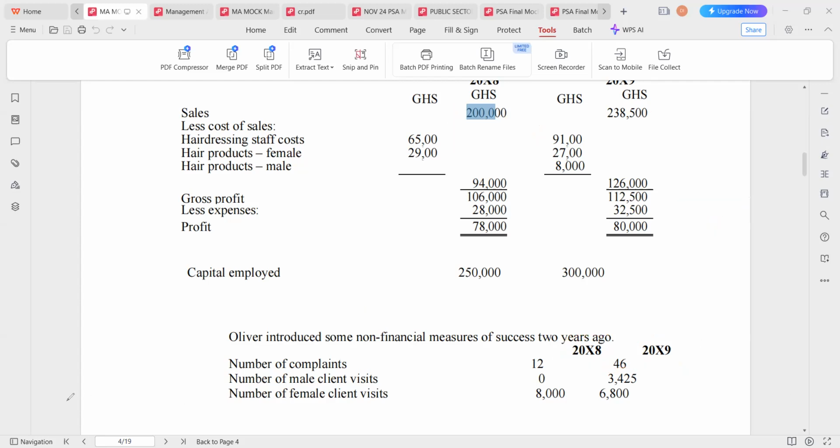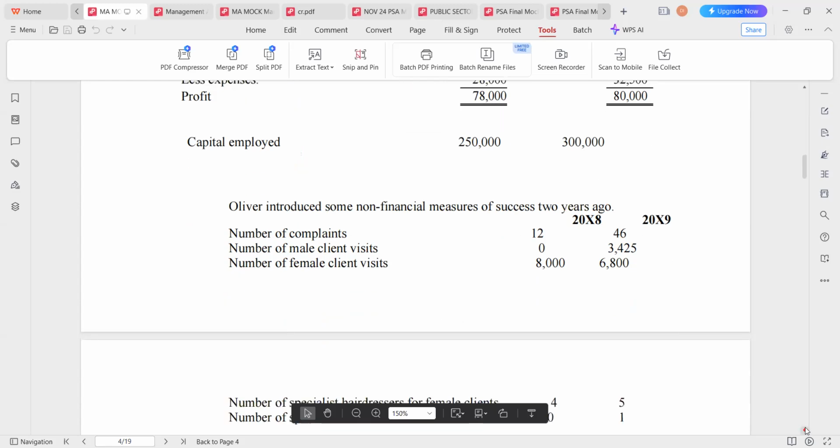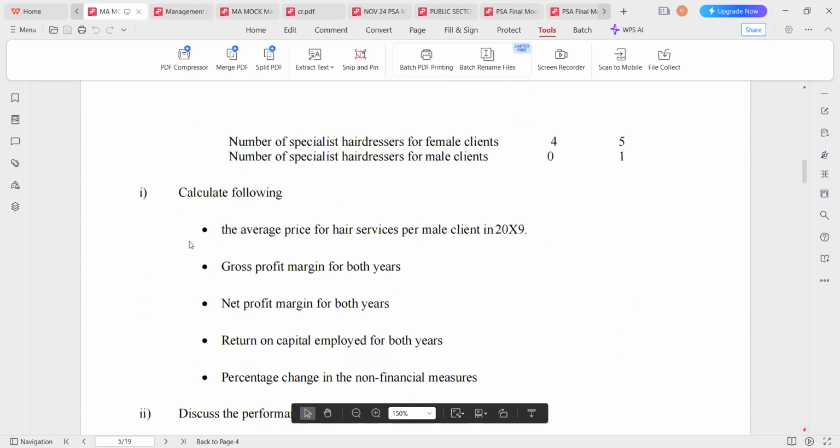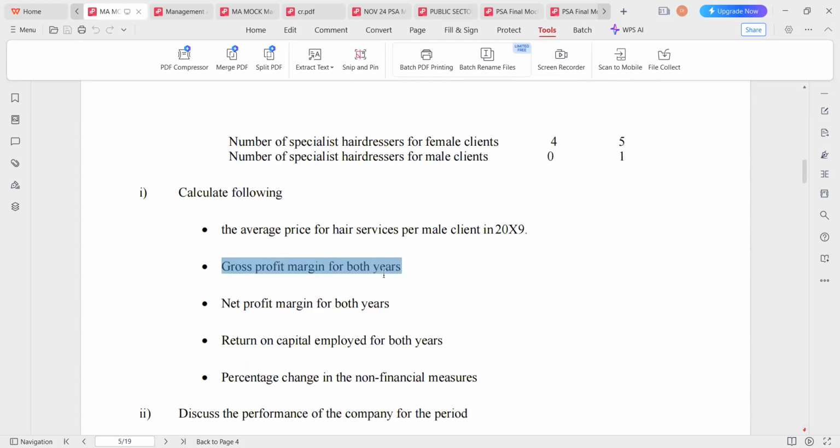And they asked us to do some computation, some ratios here. Let's go and see the ratios they asked us to do. You are done with the average price. They say gross profit margin. What's the formula for finding gross profit margin? Gross profit over sales times 100.